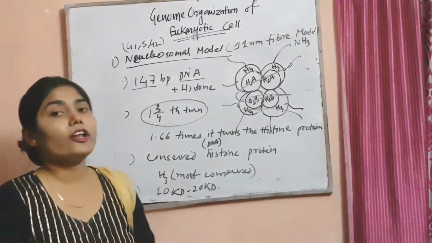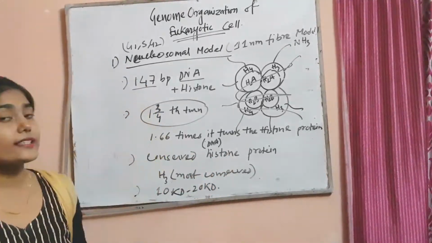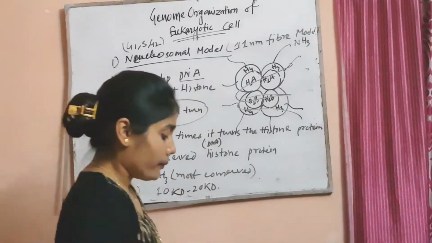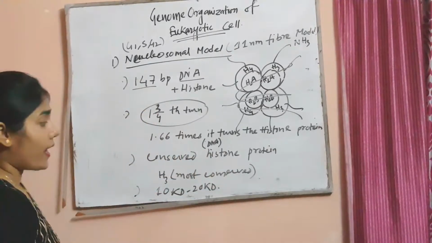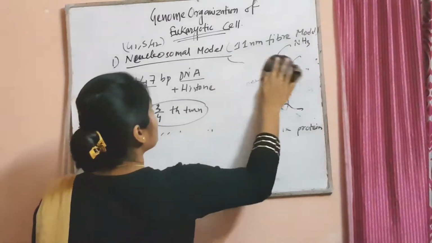And the next physical level of organization of the genome is known as the chromatosomal model. So next one is the chromatosomal model. So let's discuss the next one.